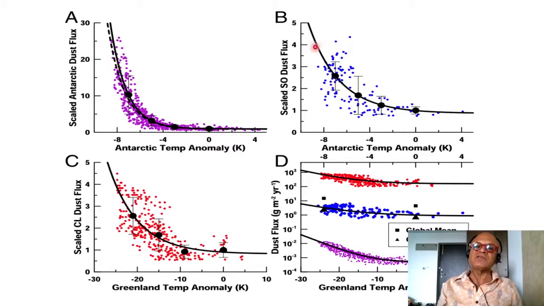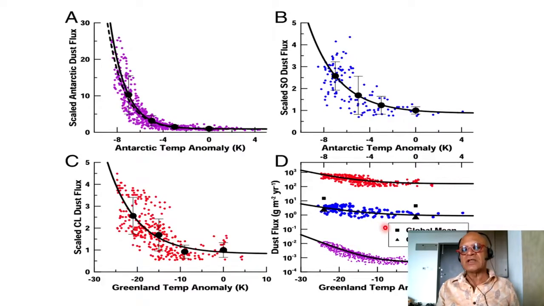Southern Ocean dust flux is important because that can lead to iron fertilization and CO2 drawdown, which can help positive feedback in the cooling direction as well as in the warming direction. Globally, again, the temperature dependence is not as strong as you saw locally.